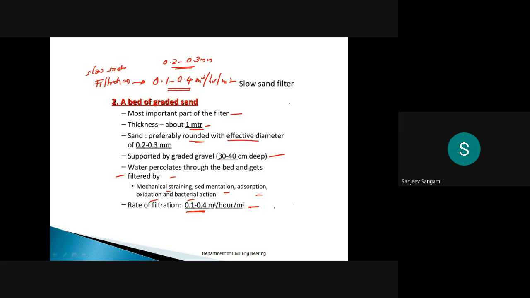You might know the coefficient of uniformity, that is Cu. It should be maintained properly. Then it should be supported by the gravel of 30 to 40 centimeter deep.